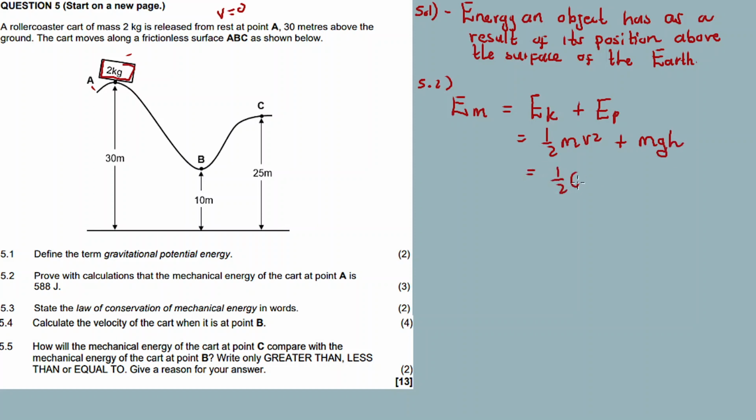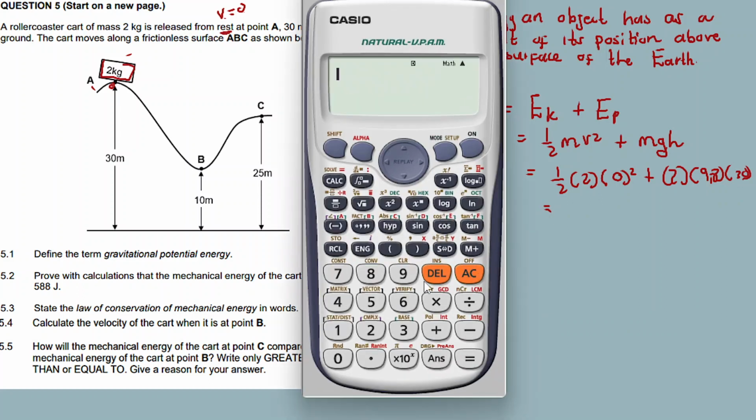It's half. What's the mass? 2. And then the velocity is 0 squared, because at A it's at rest, so the velocity is 0. Plus mass 2, gravitational acceleration 9.8, height 30.